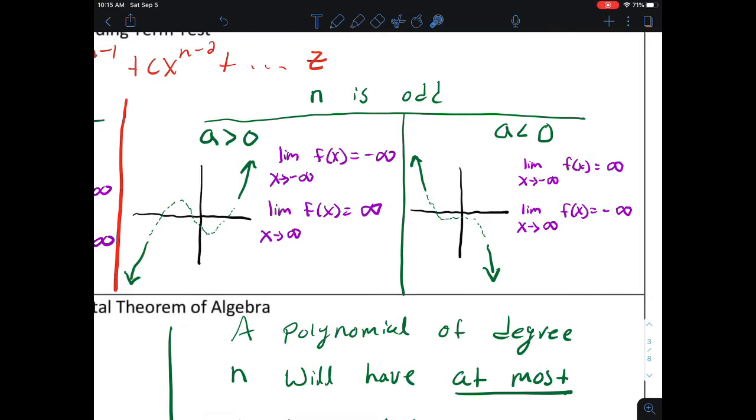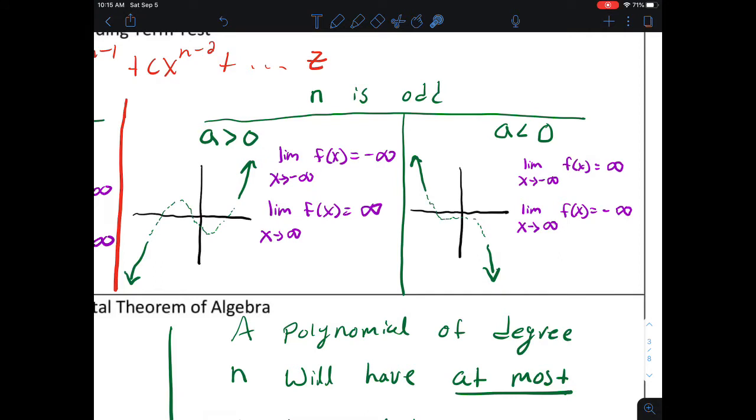Left side will go down, right side will go up, which means that I could write this end behavior using limits. The limit as x approaches negative infinity will equal negative infinity because it's going down. The limit as x approaches positive infinity will equal positive infinity because as you go right, it goes up.